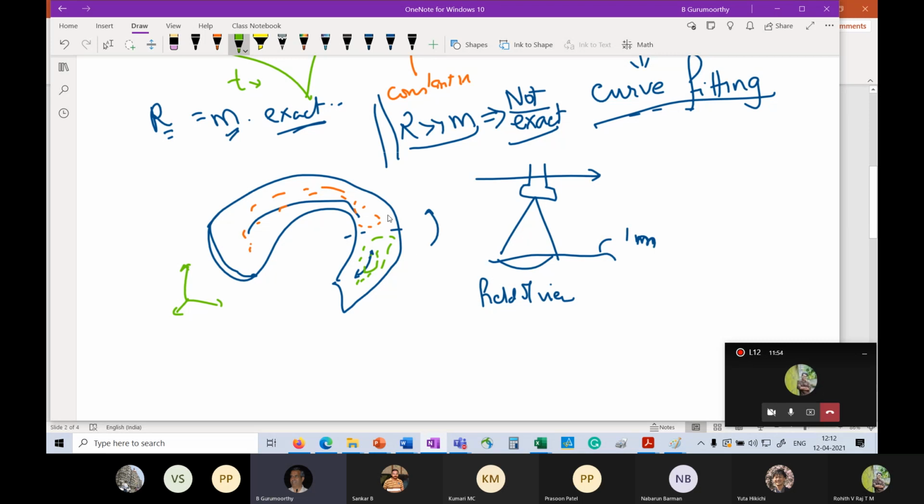On a single surface, I can get multiple sets of points which have to be registered and merged together, because this was gathered in one orientation of the part, and this was gathered in another orientation of the part. So you will have to transform them with respect to some common reference frame so that I get a bunch of points, all of them defined with respect to this.